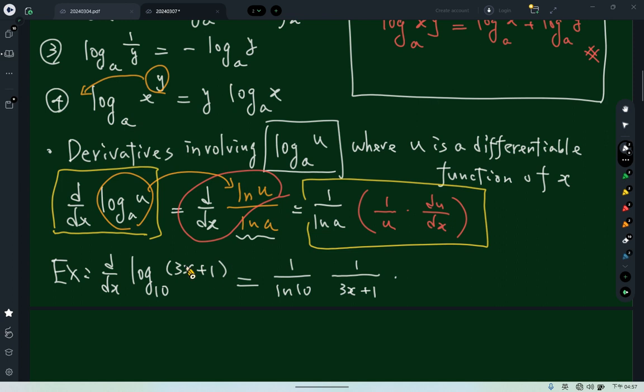Here is u, right? Just like here. So the next thing is we need to differentiate 3x plus 1. So the answer should be 3. Then finally, the result will be 3 over ln 10 times 3x plus 1.